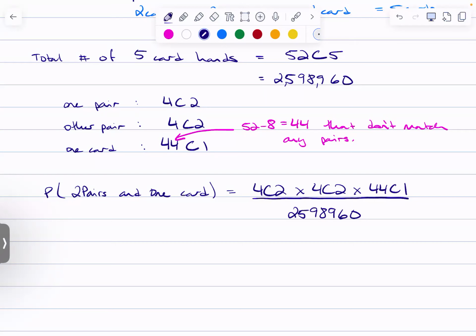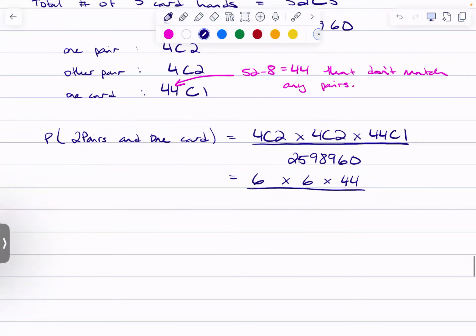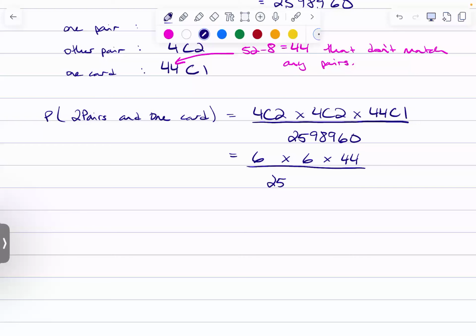4 choose 2 is 6. 4 choose 2 again is 6. And 44 choose 1 is 44. I think we're seeing a pattern with the choose 1. 2,598,960. In fact, it's called Pascal's triangle.